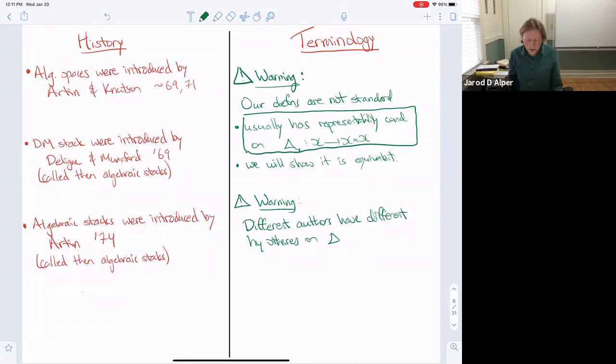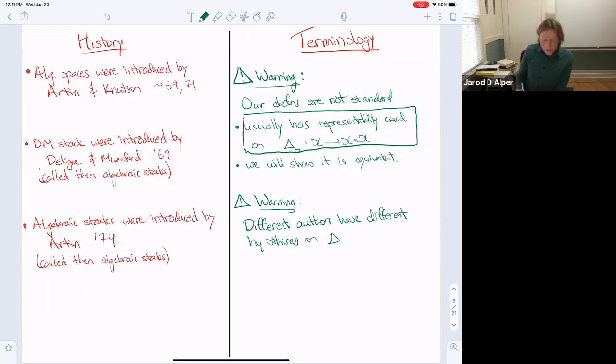But we will show that with this weaker definition, it actually implies that the diagonal is always representable. This is a well-known fact. One of the first things we need to show when we develop the theory of algebraic spaces and stacks is that the diagonal is representable, because it's an important property. If you want, you can add that into the definition, but this is more streamlined, I suppose.